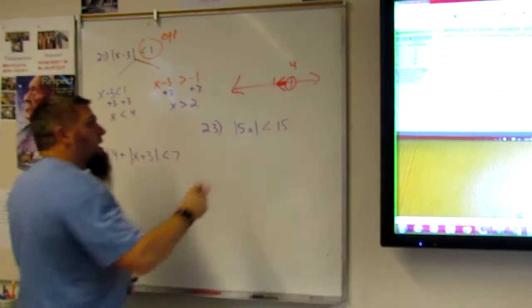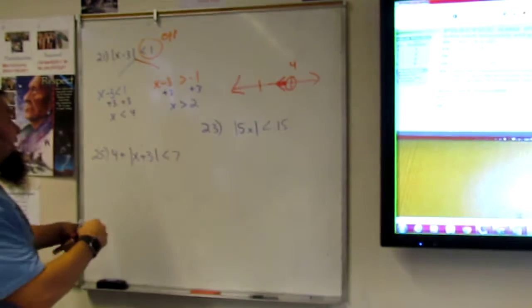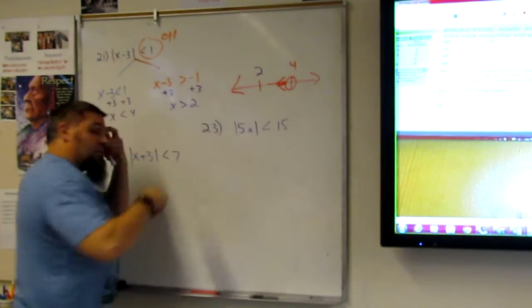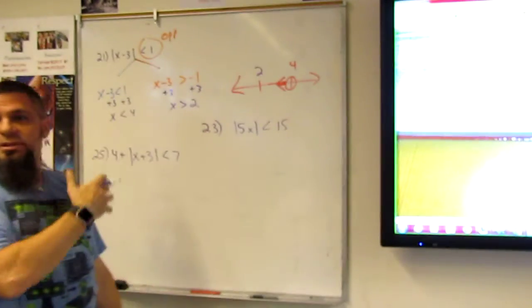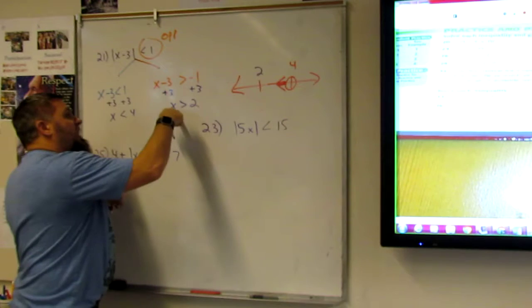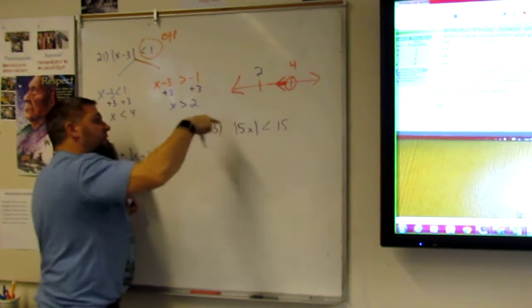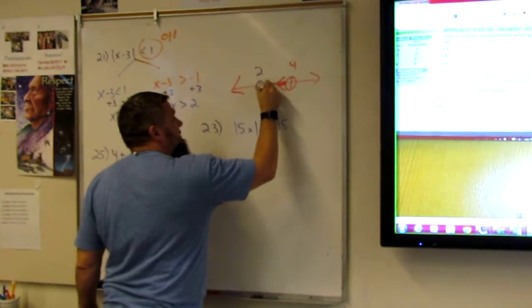The other point is 2, and 2 is less than 4, so I put it to the left of 4. Then we have x is greater than 2, open circle, and it's going this direction.